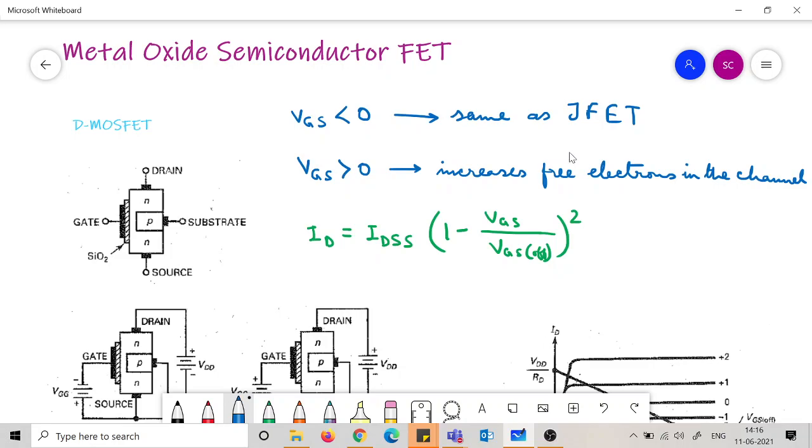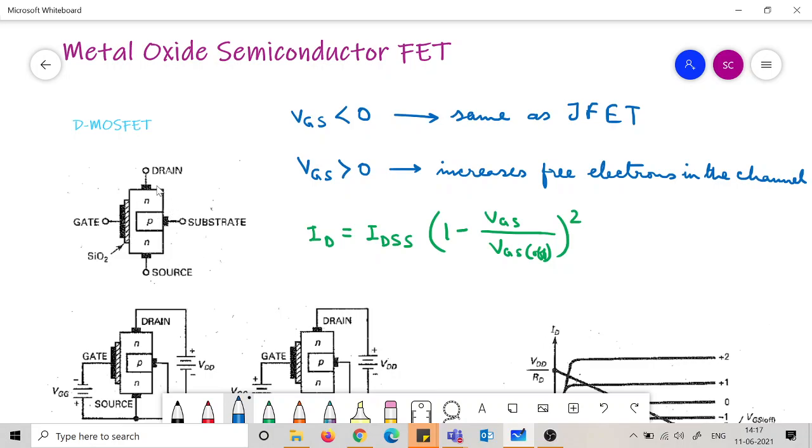If you draw the output characteristic curve, you will find the same output characteristic curves as in JFET appearing. The transconductance curve from VGS cutoff to VGS equals 0 looks the same. It is like a square law, following the square law, it is increasing.